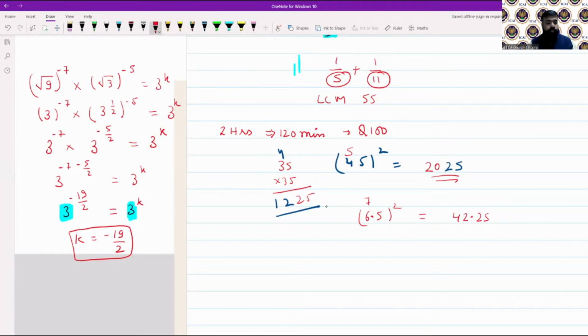Okay, I think you are understanding this concept, because this is very simple and there are a lot more tricks which can help us to do the fast calculation. All right, but now our topic is indices, so we will be learning indices now and not this calculation part.